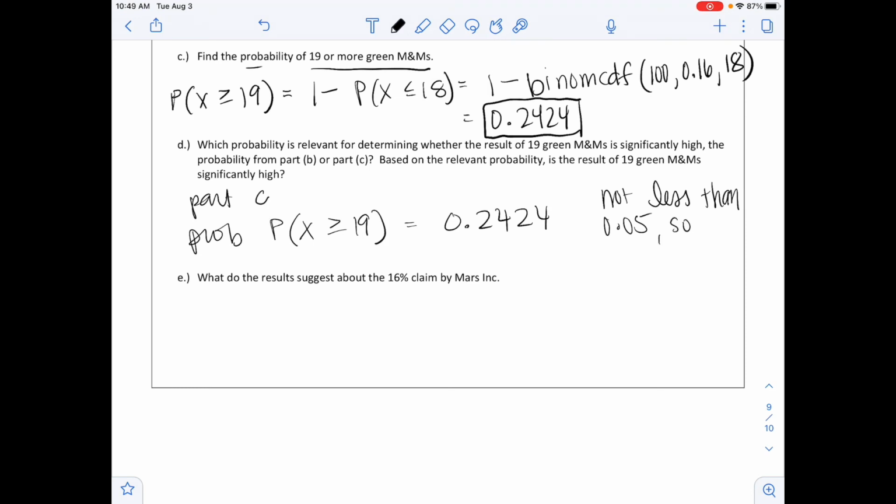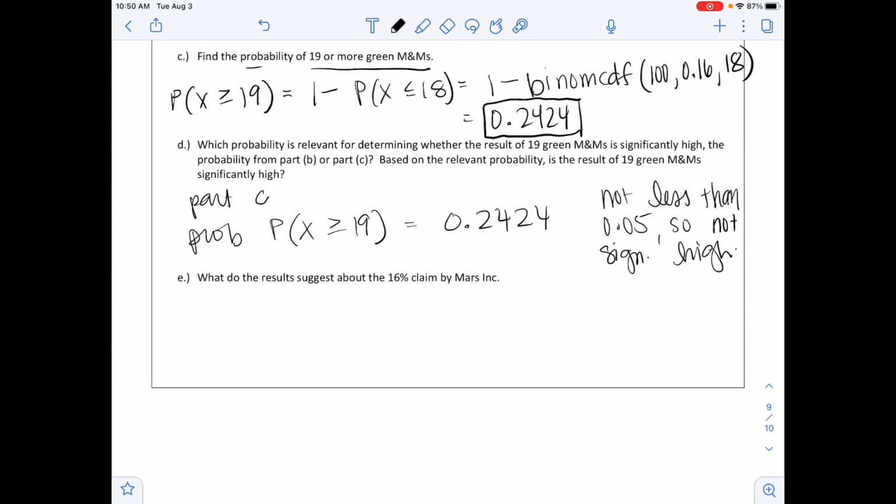So we can say that it is not significantly high. From part A, which was also asking about 19 green M&Ms being significantly high, we said no, it's not significantly high. And so it matches with this one because our probability is not less than that cutoff, which was 0.05, or super unlikely to occur.